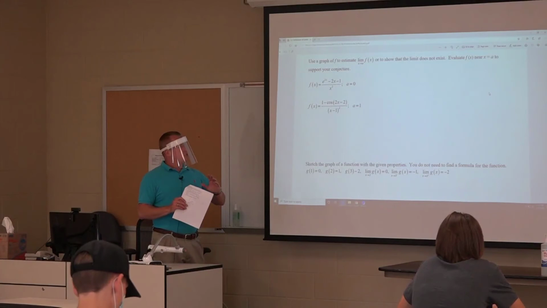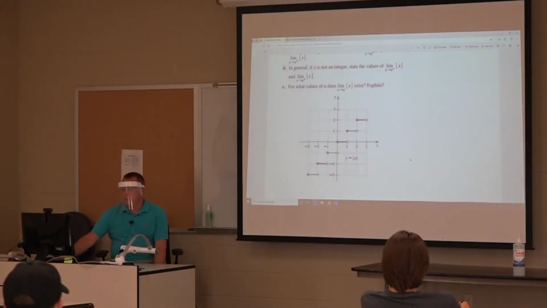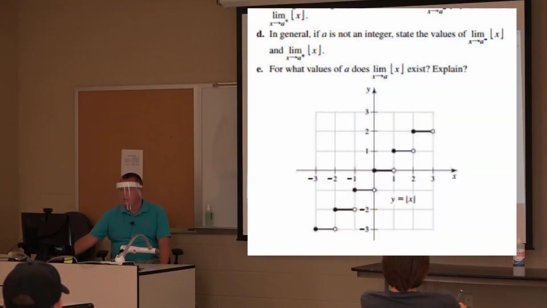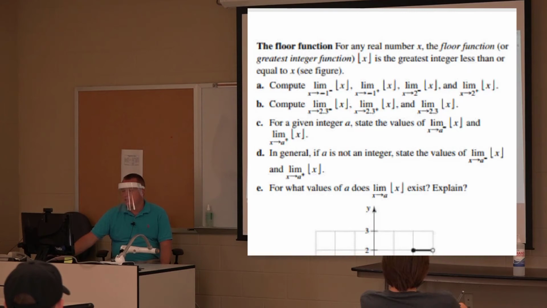All right, so we'll finish up 2-2 here. Now this one was on the quiz, and this is called a greatest integer function. The notation they use with this text is a little different than the other notation. They call this a floor function.